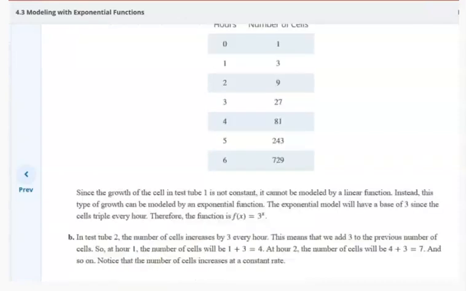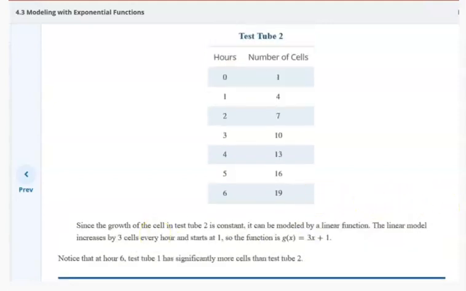And for number 2, we want to add this function statement. And this is the function symbol, f of x, equals 3 to the x power. So x would be the number of hours. This is exponential growth. And the growth in tube 2, its function form, here they're using another letter, which is okay.